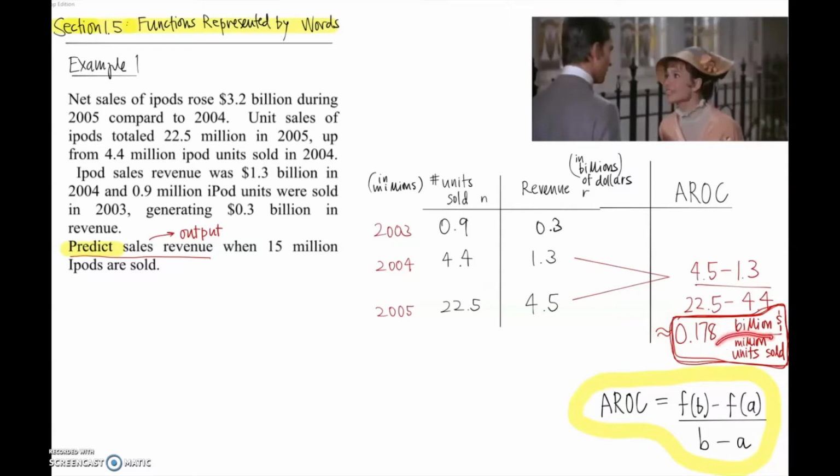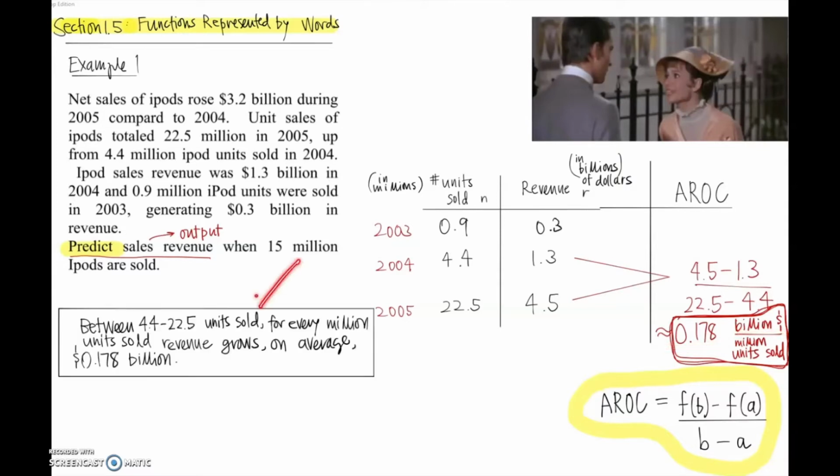So for every million units sold, you can expect your revenue to go up $0.178 billion. So I just restated that here. When we're growing from between 4.4 to 22.5 million units sold, every time we jump 1 million units sold, revenue grows on average, because this is an average rate of change, $0.178 billion.